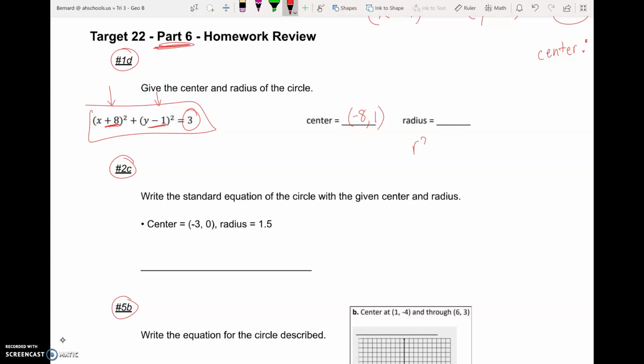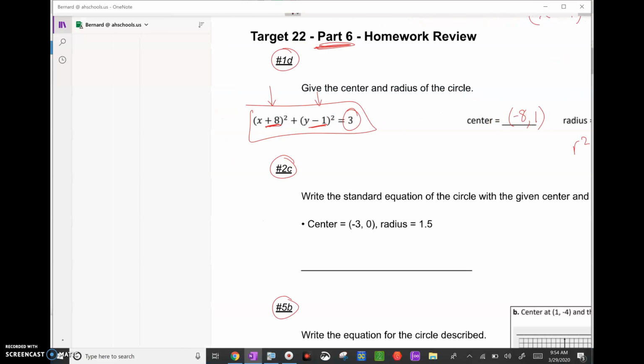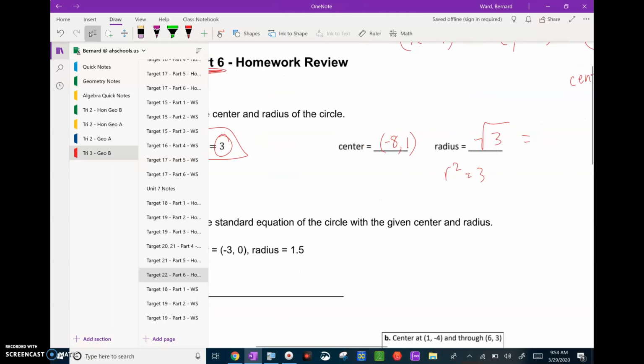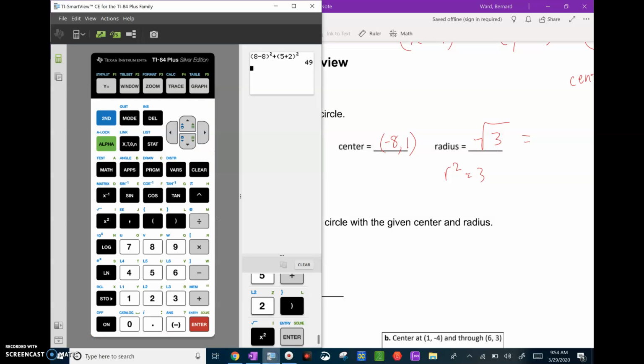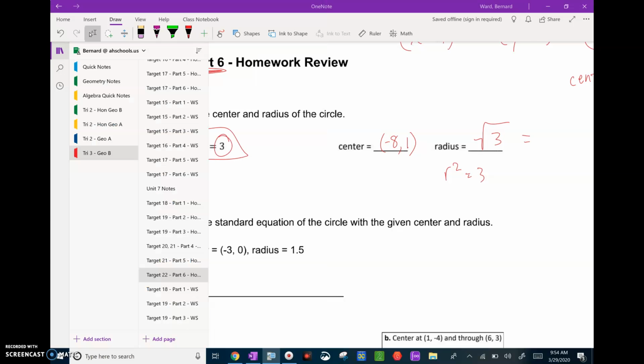And so r squared equals 3, so our radius is going to be the square root of 3, which is okay. It's just going to give us a decimal. Let's type the square root of 3 into our calculator, clear it. Second squared button gives us the square root. We'll put a 3 under there. We hit enter, and it says 1.7 and so on, right? So we'll say that our radius is 1.7.